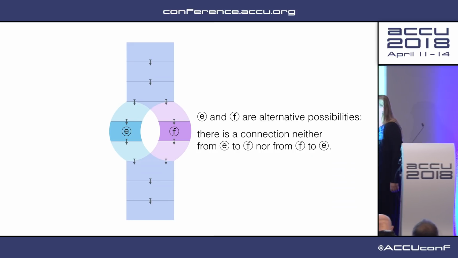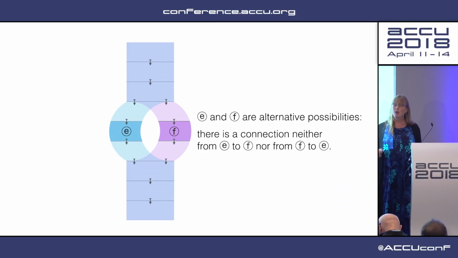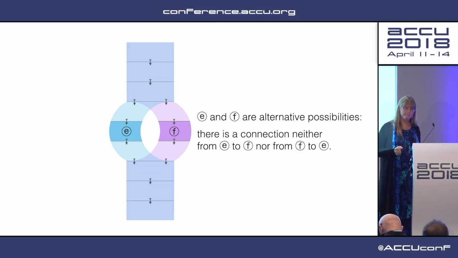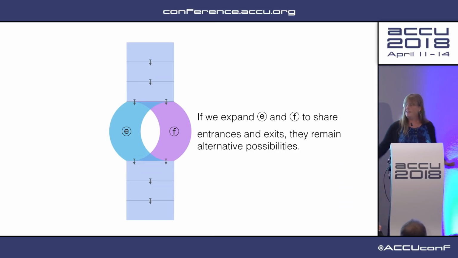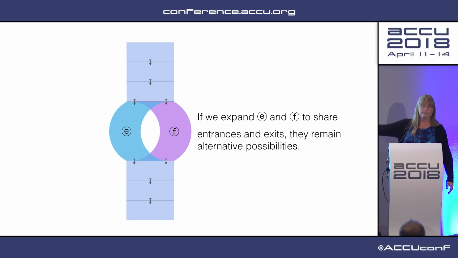These are alternative possibilities. So no connection either way, alternative possibilities. And even if I expand them out, sharing entrances and exits this way, but not exit to entrance, E and F are neither before nor after each other.